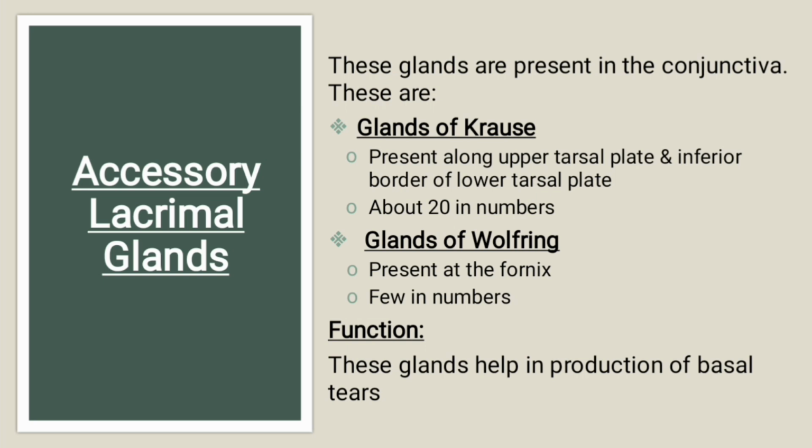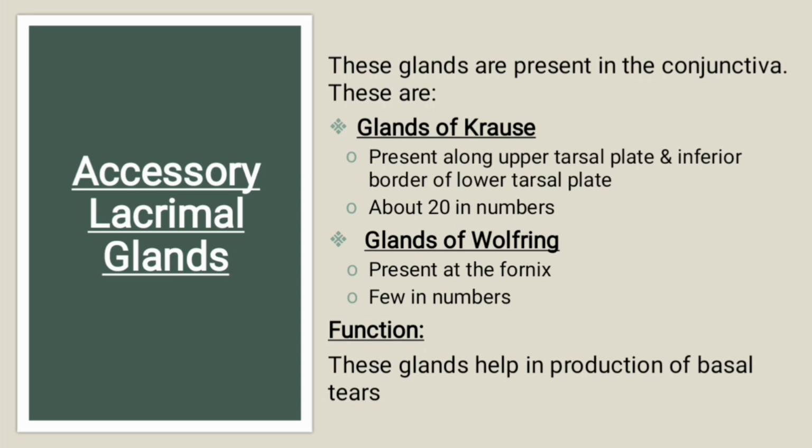And at the inferior border of the lower tarsal plate. They are present near the tarsal plate, and they are about 20 in number, right? The number can vary, but we have an average number, that is 20. The glands of Wolfring are present at the fornix.